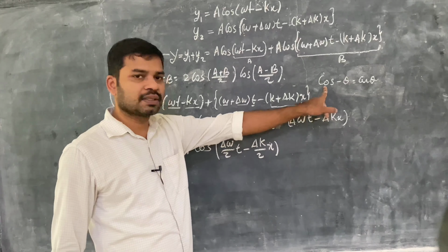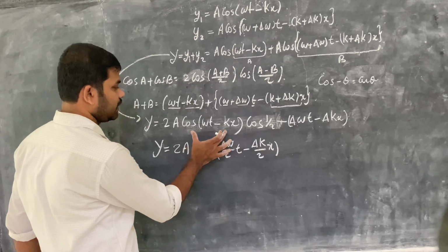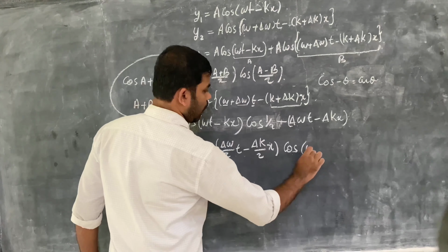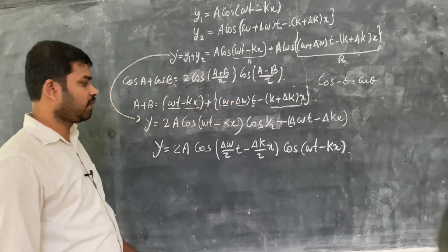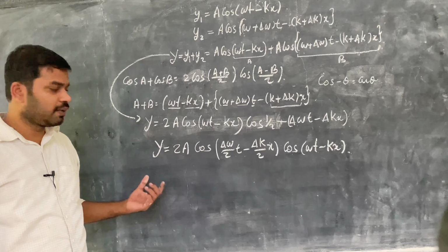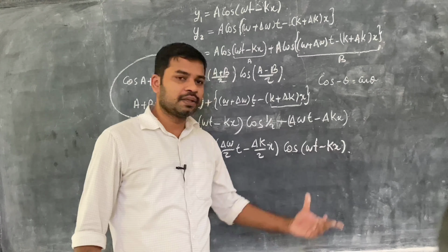This minus is omitted because cos minus theta is equal to cos theta. And then we have cos(ωt − kx). So that is the final expression for our superimposed wave: y is equal to 2a cos of this quantity and this quantity.